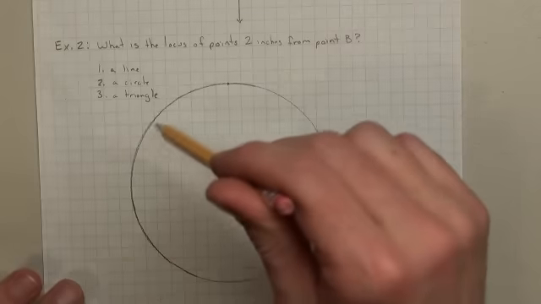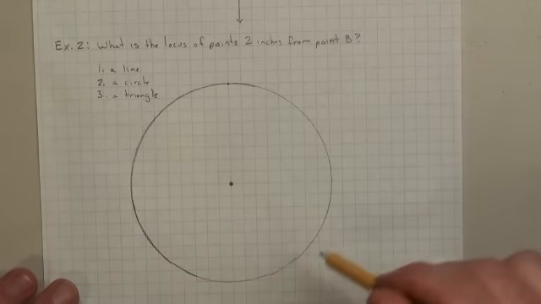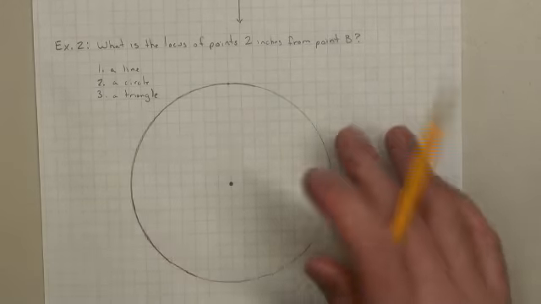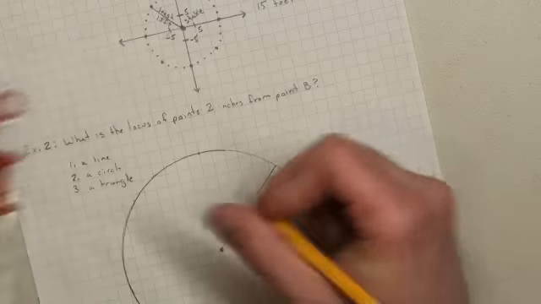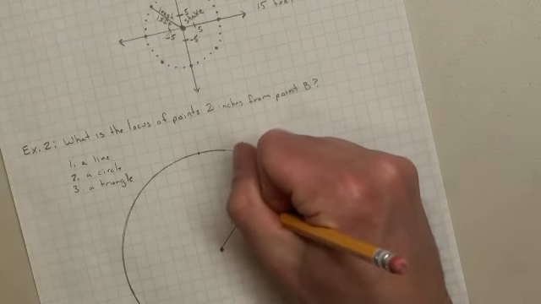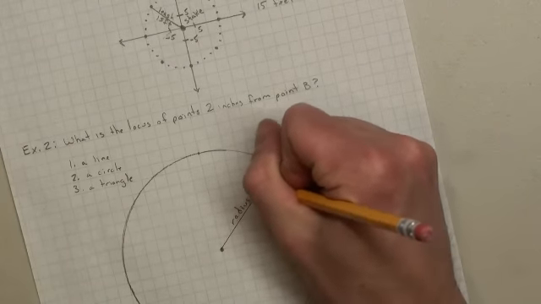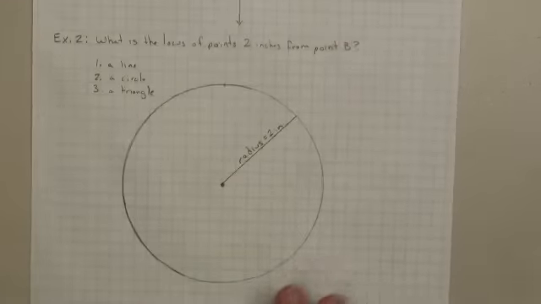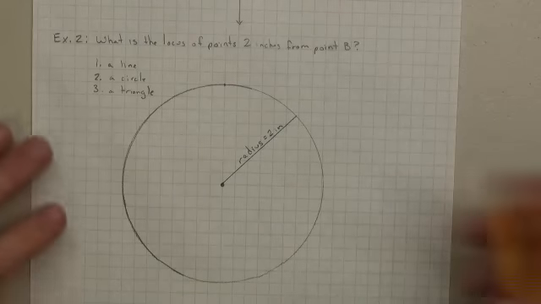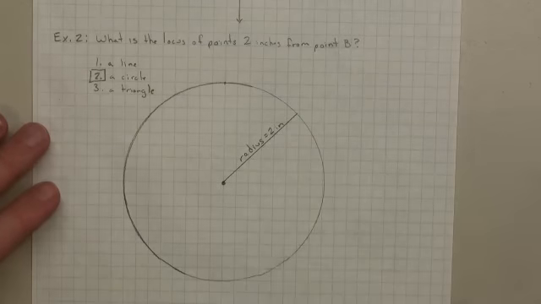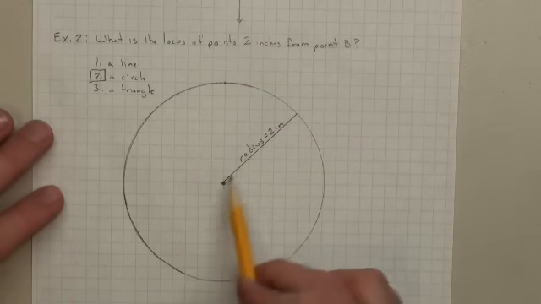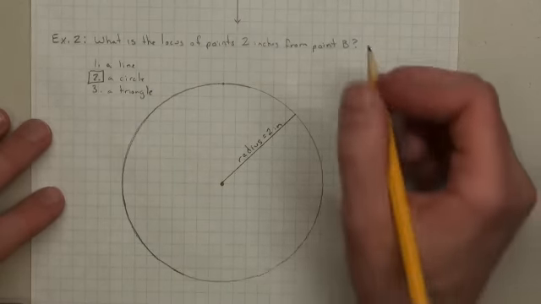Everywhere on this circle you could imagine a point being there, and each one has a radius. Let's draw in a line for the radius. The radius is 2 inches. Okay? So the answer to this would be it's a circle. The locus of points 2 inches from point B is a circle.